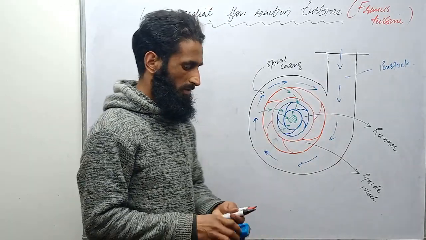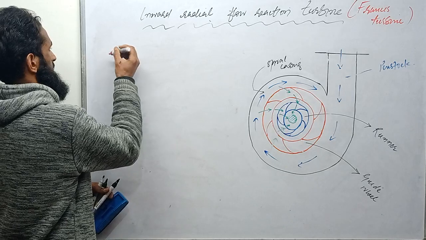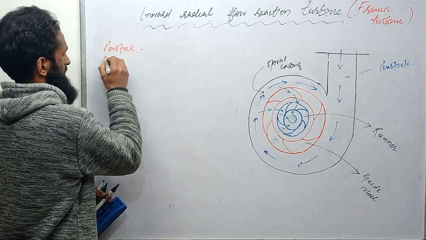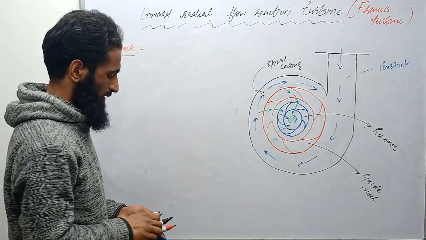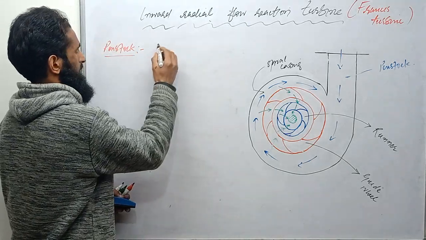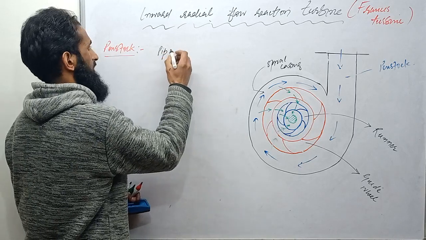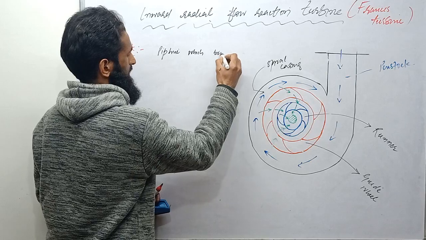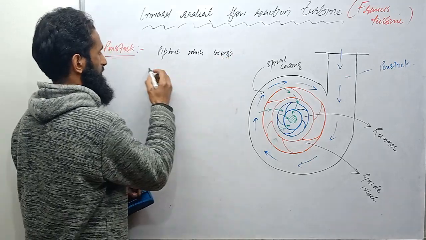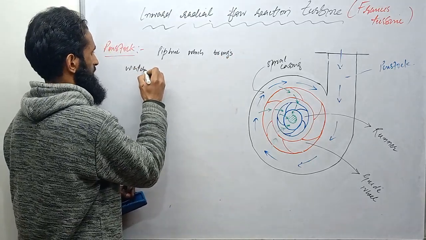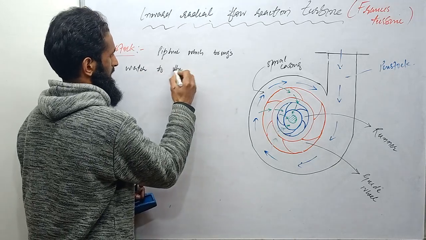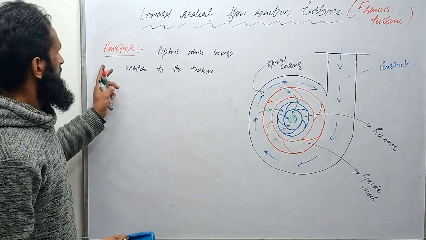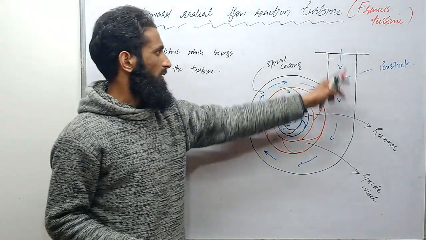First is penstock. What is penstock? Penstock is a pipeline which brings water to the turbine.